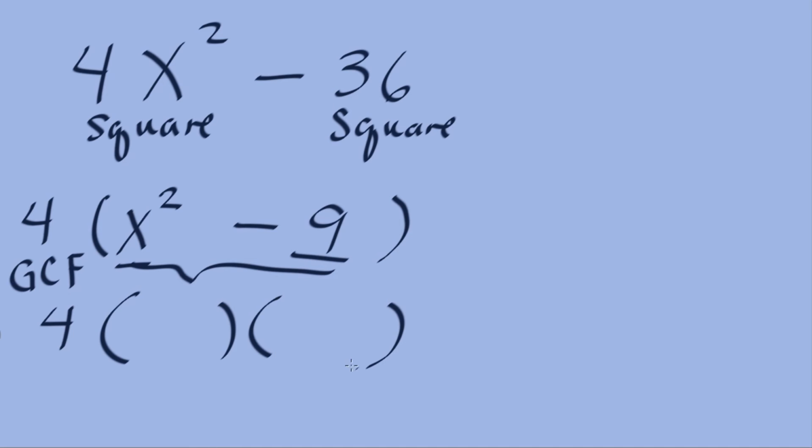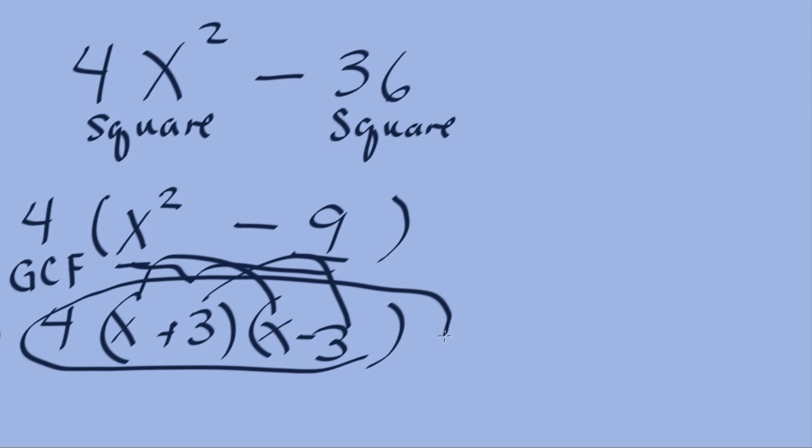So this difference of squares can be factored into x and x. Now 9 is 3 and 3. One is plus, the other is minus. Okay, so we got the complete factors for our difference of squares.